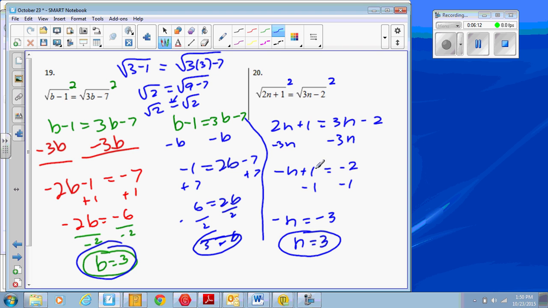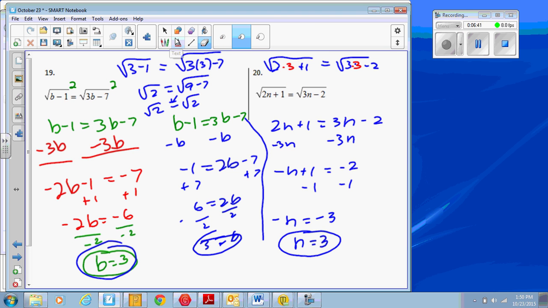And I want to check to see if that works, so to do that, I'm going to plug these back in. Square root of 2 times 3 plus 1 equals square root of 3 times 3 minus 2.